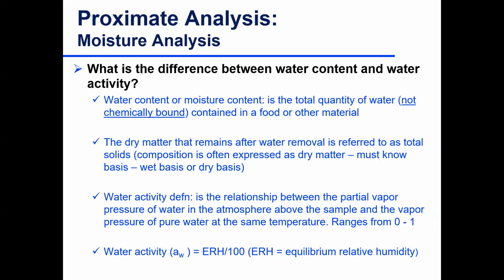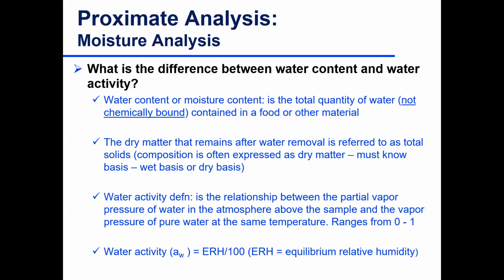Water activity is defined as the partial vapor pressure of water in the atmosphere around the sample, or above the sample. The vapor pressure of pure water at the same temperature is 1. No water is 0.